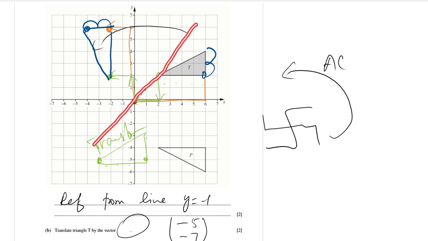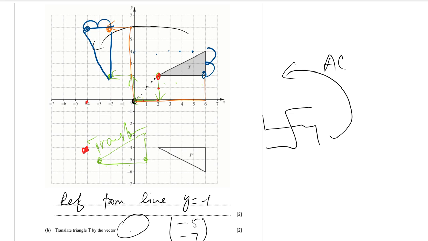One corner is already joined in this direction, or let's use the shortcut way. 1 2 1 2. As I've chosen scale factor of 2, it will be the double, so 4 and 4. This point is over here now. And what would be the other point? 1 2 3 4 5 6, 6 and 4.